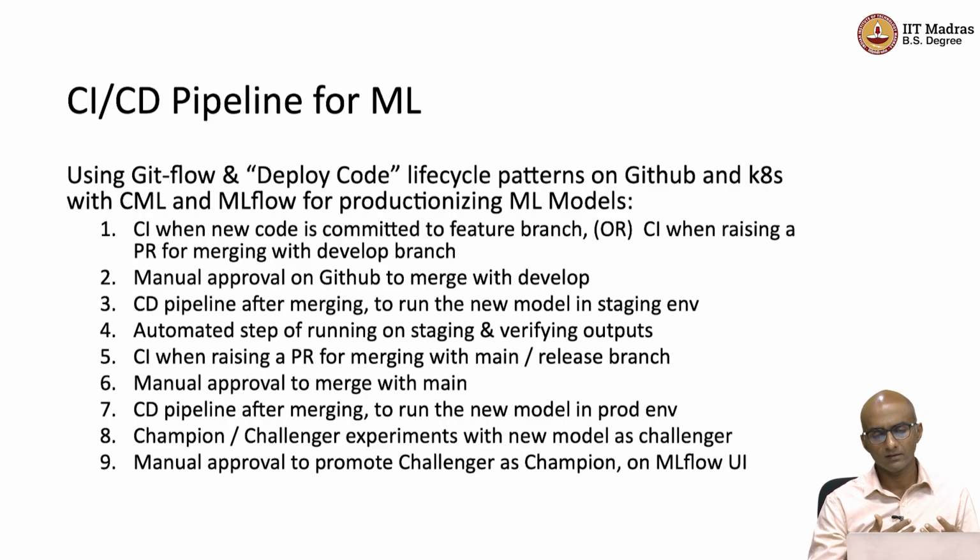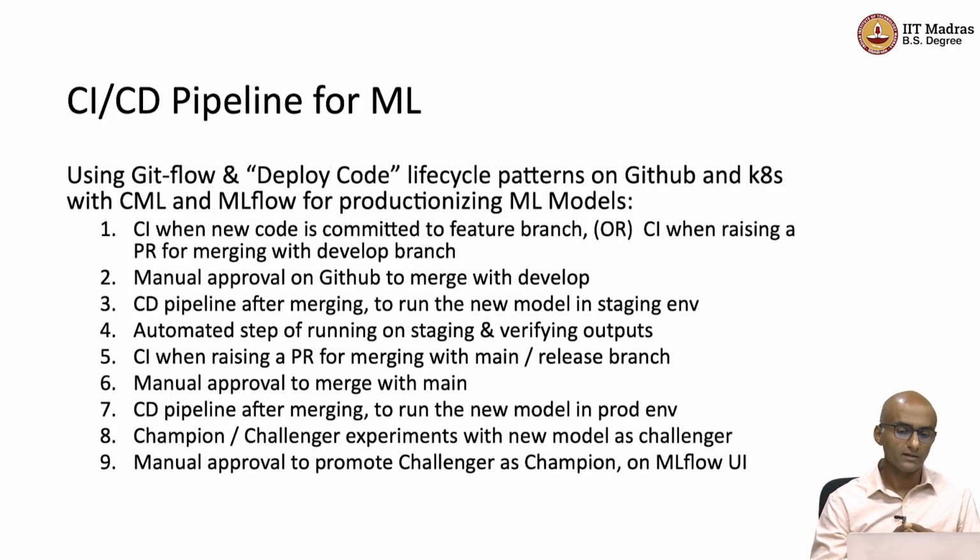And then when you're ready, you raise a pull request to merge it into a main branch or a develop branch, and then the approval process goes through the checks and balances which are required, typically done by a human like a senior engineer or an ops engineer, and then they merge it with develop, and then the CD pipeline runs to take this model and put it into staging.